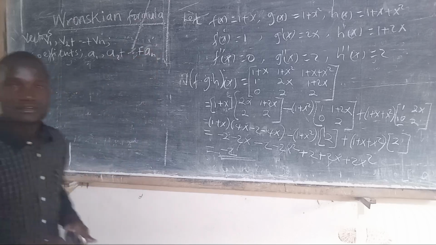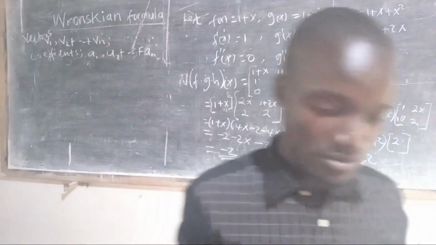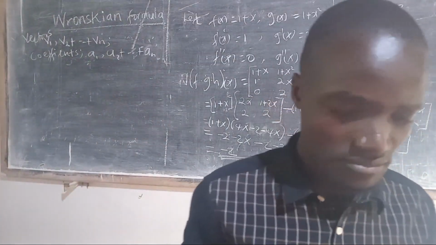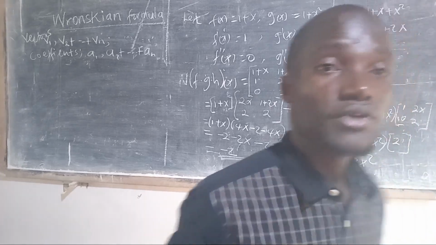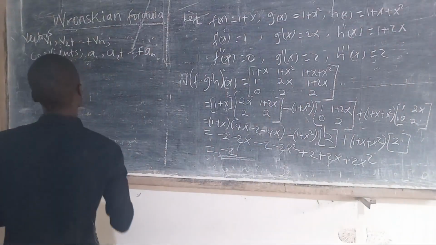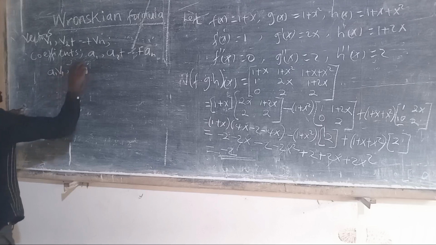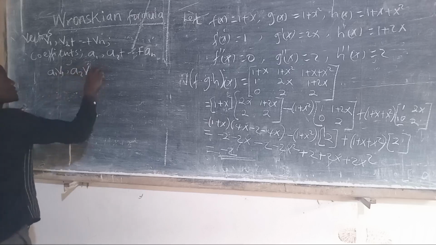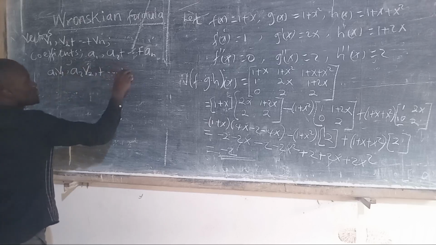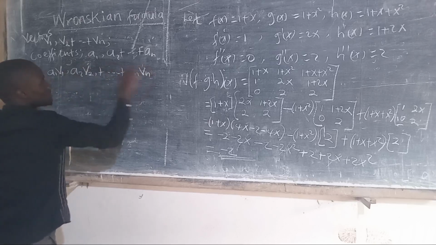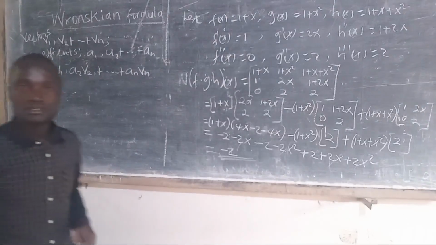If we are to form a linear combination of this, we can come up with a1v1 plus a2v2 plus up to anvn.